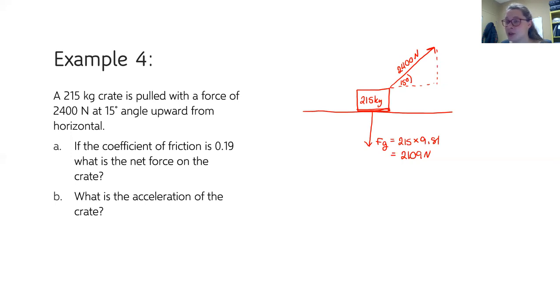Am I pulling up on the crate? You'll notice this triangle. I'm pulling towards the right and I'm pulling up. If you're pulling upwards on something, are you taking a little bit of the force of gravity, balancing a little bit of that out? Of course you are.